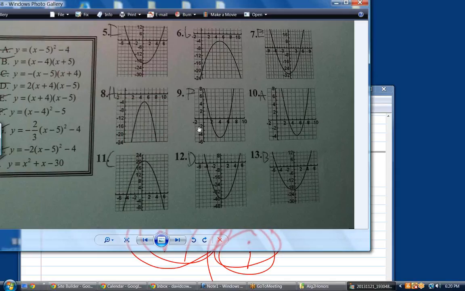How about this one, with a minus sign in front of it? So those x-intercepts are +5 and -4.